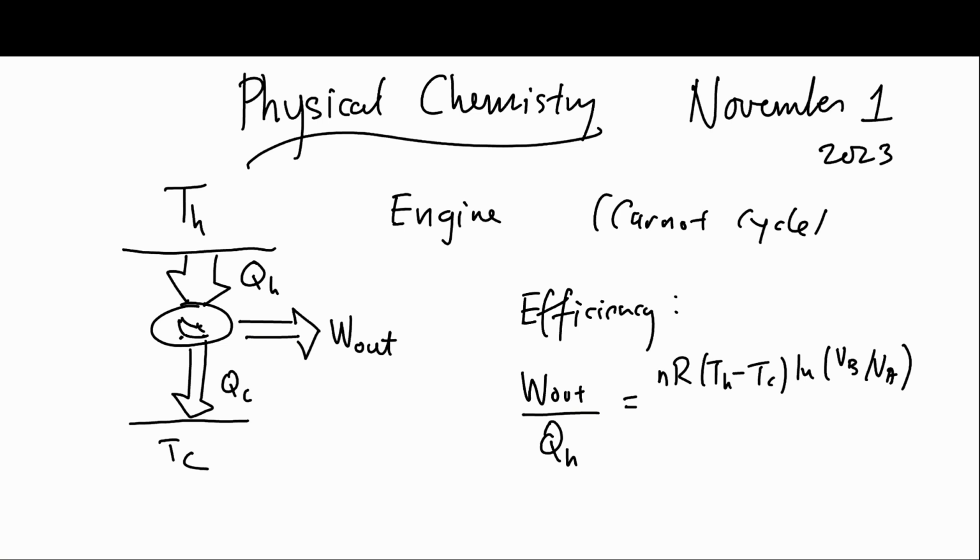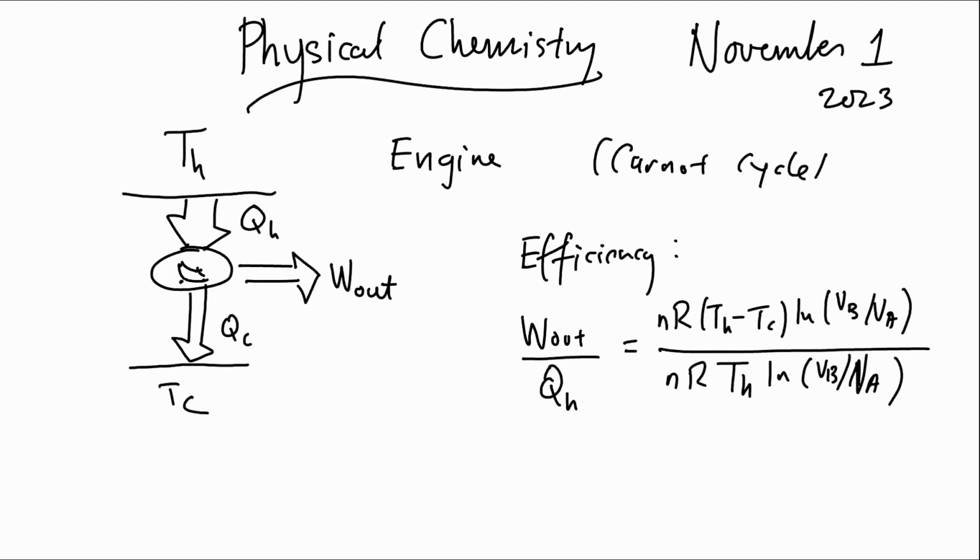But the way I draw that's the positive work we're getting out of this thing. There it is in the numerator. And in the denominator, we got sort of a very similar looking expression, but it just had the T sub H.